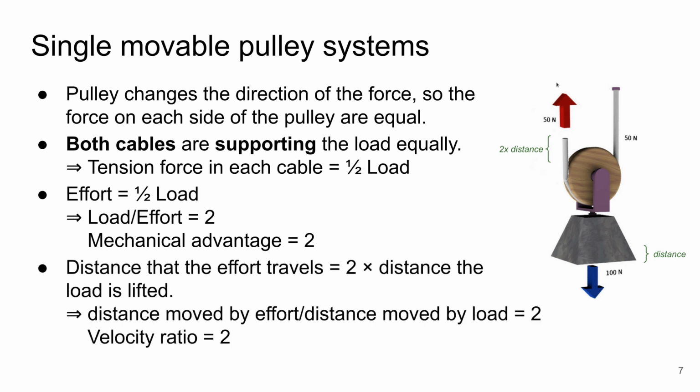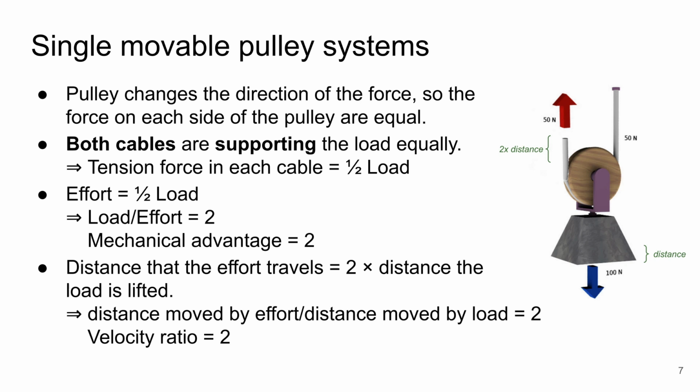Now, the distance that the effort travels is twice the distance that the load is lifted. The way to think about it is, if the load moves upwards, for example, by 10 centimeters, that means the lengths of the cables on both sides of the pulley must both be reduced by 10 centimeters also, because the pulley would move up by 10 centimeters.